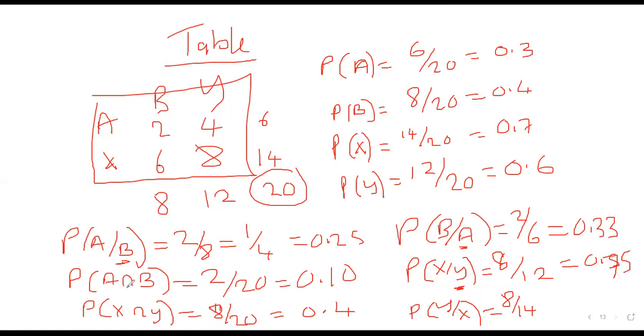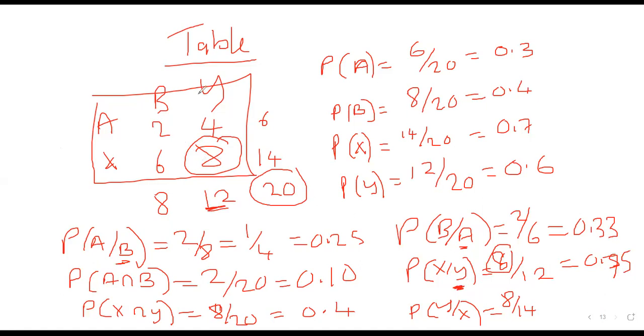I'm confused. You're lost? Yes, I am. Okay, X and Y are meeting at 8 to start with. Is that okay? So if you're doing X given Y, you go to the 8 where they're meeting, but the total for the bottom one, the Y, is 12. Not 14.